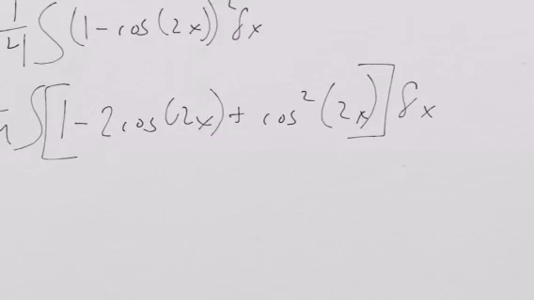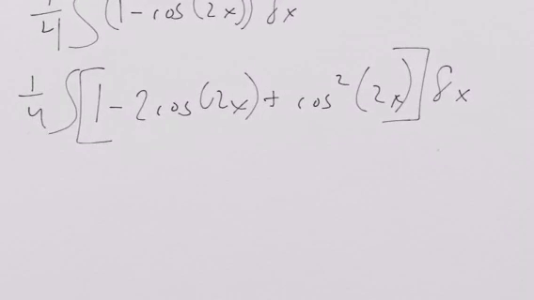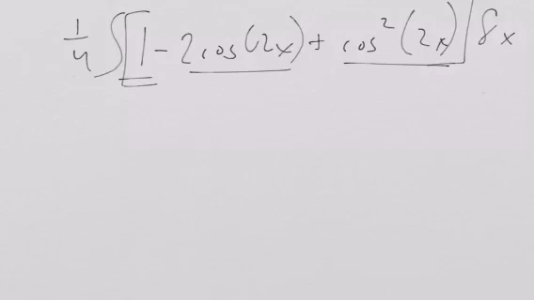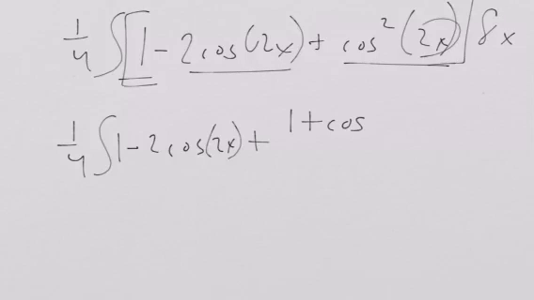Again, make sure we get proper notation in there. This we could separate and integrate. This we could separate and integrate. That is our issue. So what we're going to do is use the power reducing formula on it. So now what I'm going to have is 1/4 times 1 minus 2 cosine of 2x plus 1 plus cosine of double this angle measurement, so I get 4x, over 2.